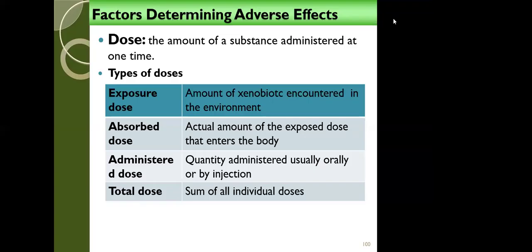But for the environment, I'm sure there are devices that will tell you the actual amount of the exposed dose that enters the body, either the human body or the environmental media. Then when you talk about the administered dose, we are talking about the quantity administered. This one usually tells you the number at which it was initiated, maybe by you injecting it, or releasing it, at this quantity, at this amount. It is intentional.